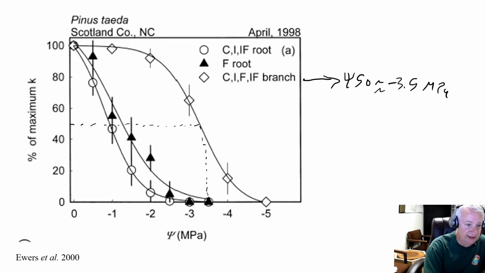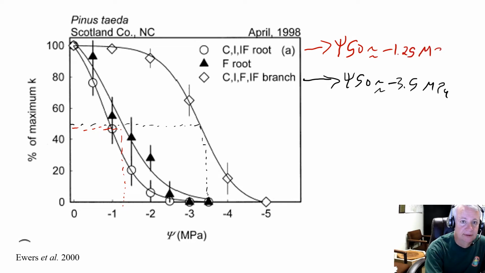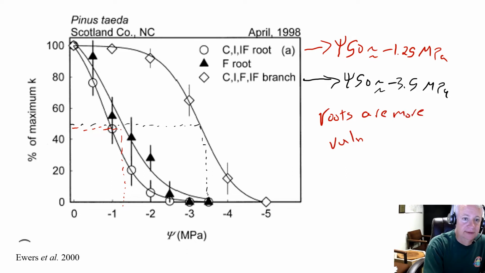Let's do a different color. Psi 50 for roots is maybe minus 1.25. So what this is showing is that roots are more vulnerable to cavitation than branches.